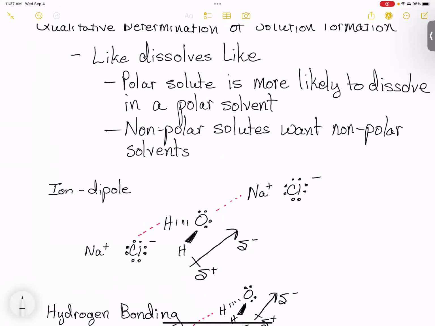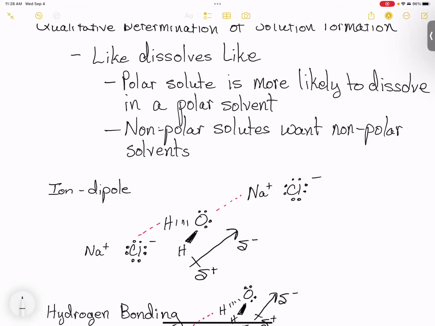But if you think about it, when you have an ionic compound, you have the extreme version of polarity because you've got a positive and a negative. Whereas when we talk about water, it's the less extreme version of polarity because the electrons are shared, but they're shared unevenly. Does that answer your question?